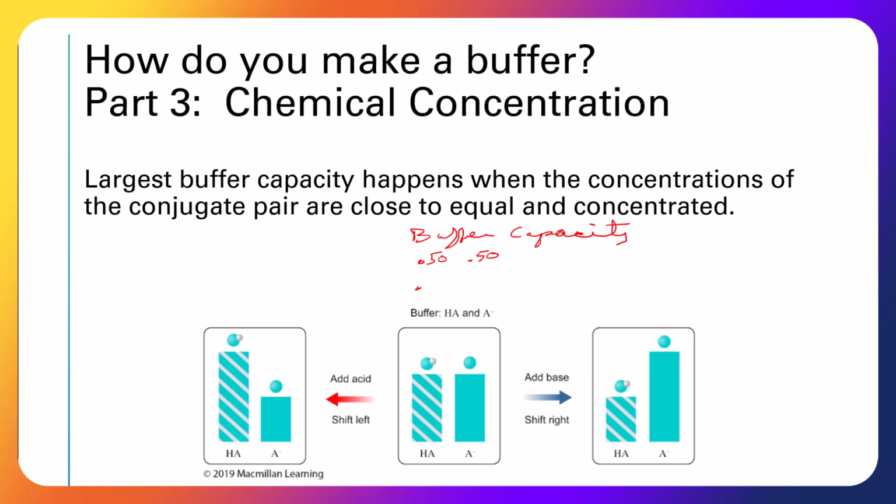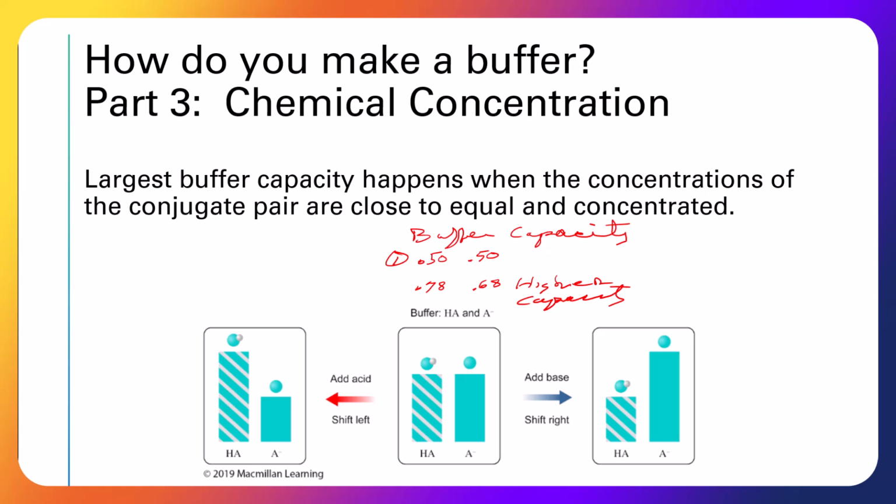If I had, let's say, 0.78 of my weak acid and let's say 6.8 of my conjugate weak base, even though they are not exactly equal concentrations, they do have a higher buffering capacity than the first example. Example 1 can absorb up to 0.5 molar addition of strong base and 0.5 molar addition of strong acid.